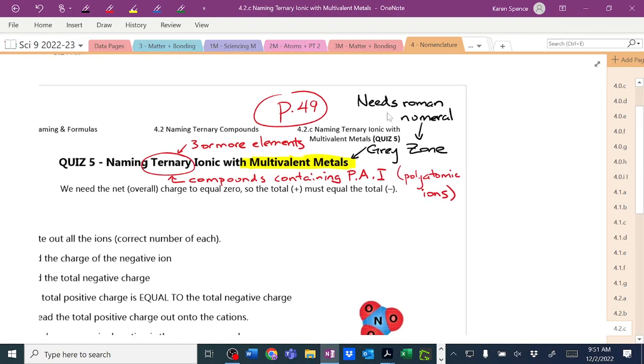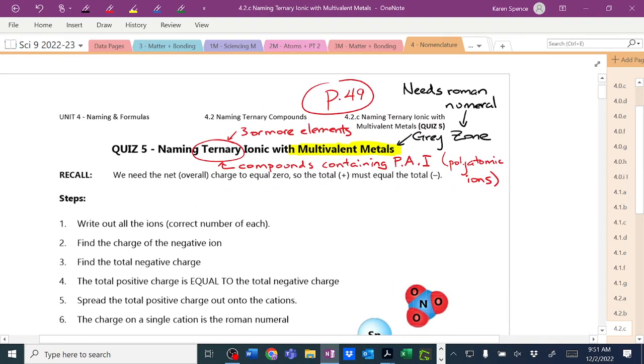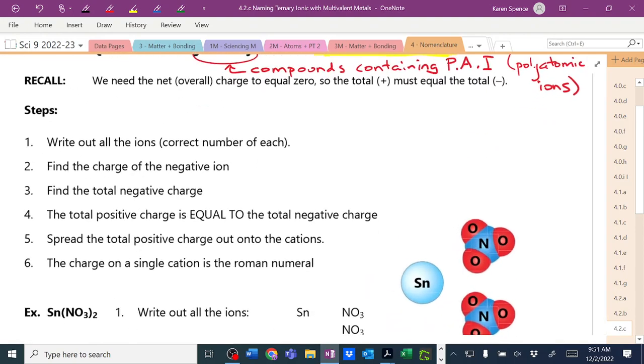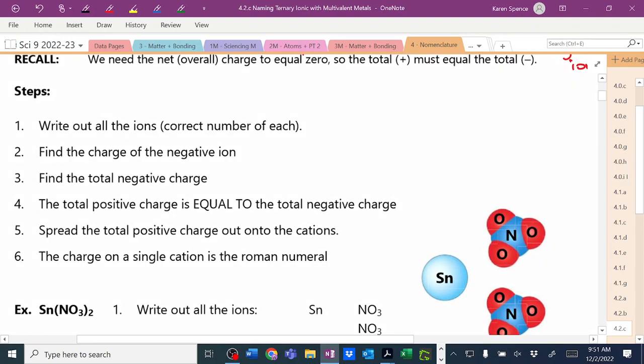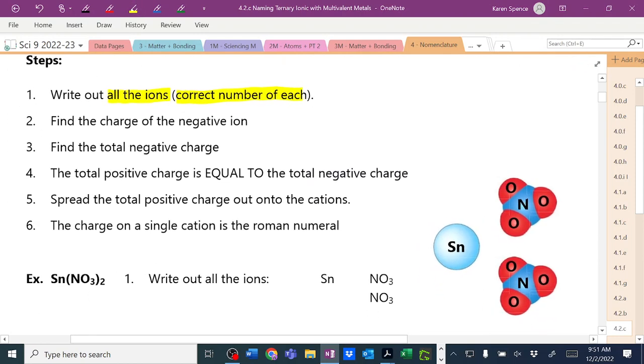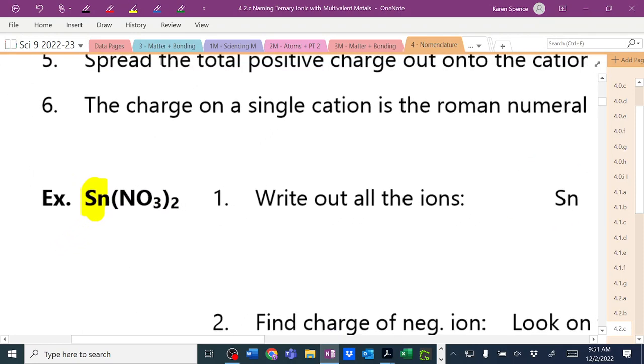There we go. So we're going to have to use the same tool that we used back when we were using the gray zone with regular things. So first thing we do is we write out all the ions, back on page 49, the correct number of each. For example, in our first example, we have Sn, and then we have NO3 with a little 2 here, and there's no number beside the Sn.